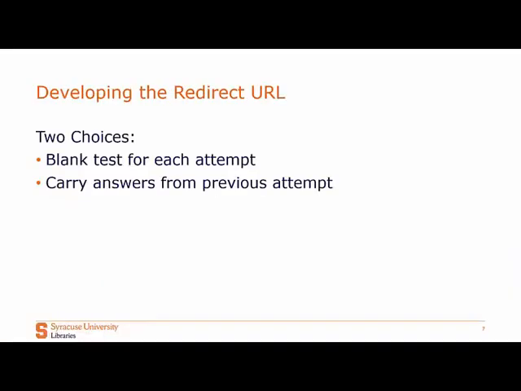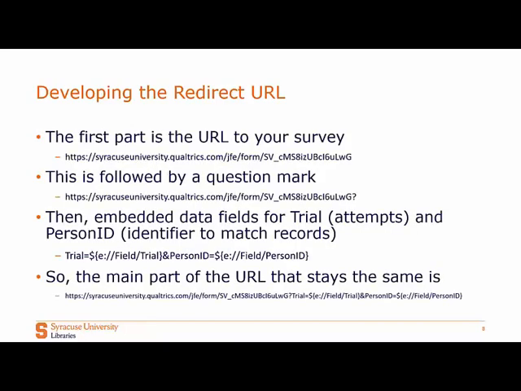In developing the redirect URL, you have two choices. There can be a blank test for each attempt, or you can carry answers from a previous attempt. In developing the redirect URL, the first part of the URL is the URL to your main survey.